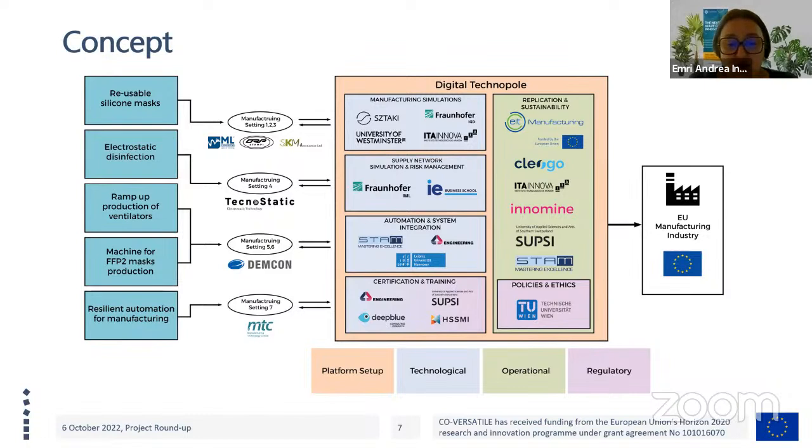And our ambition was to bring together the knowledge of those experts from 21 countries. And whatever we developed, we wanted to summarize and make available. The vehicle for this was the digital technopole, where all of the learnings, the trainings, and the yields of the project were summarized. At the same time, we were working on the reusable mask, disinfection spray and ventilator, and also supply chain issues and automation for manufacturing.